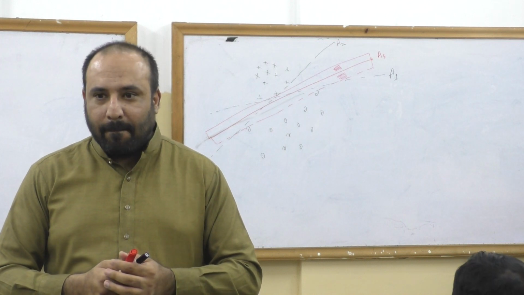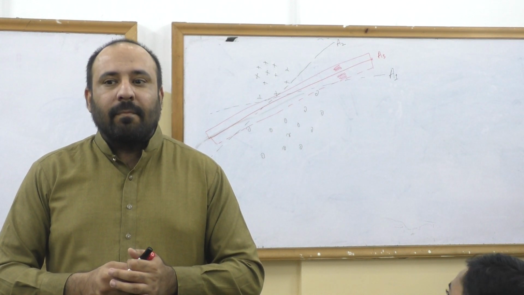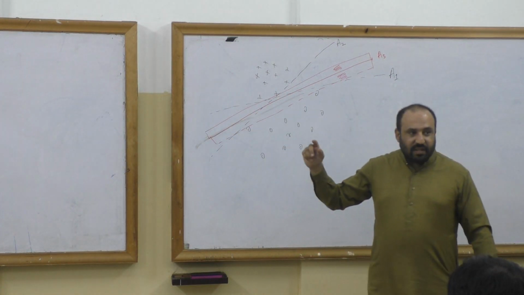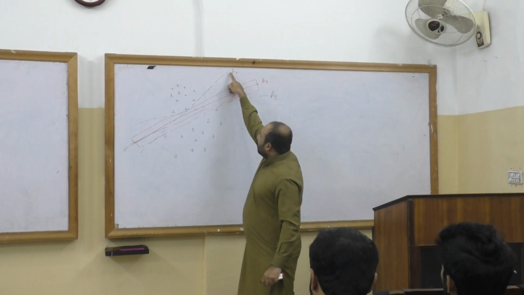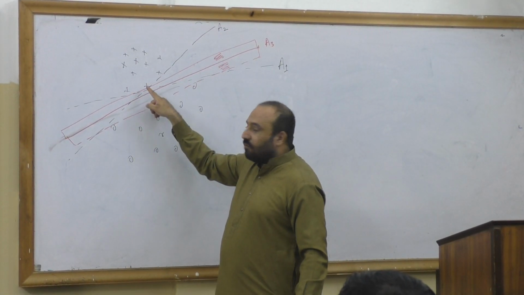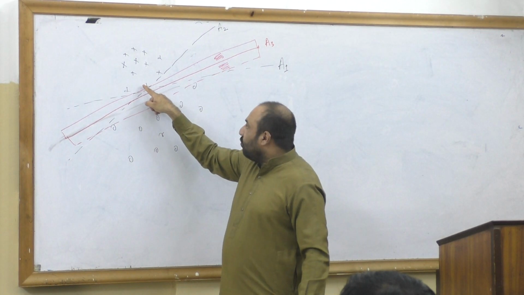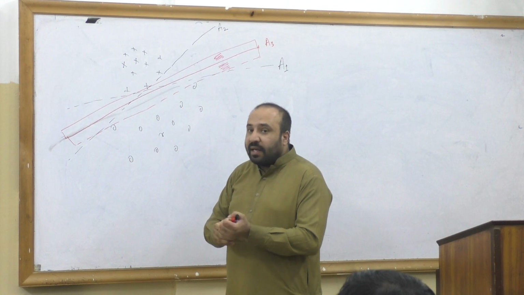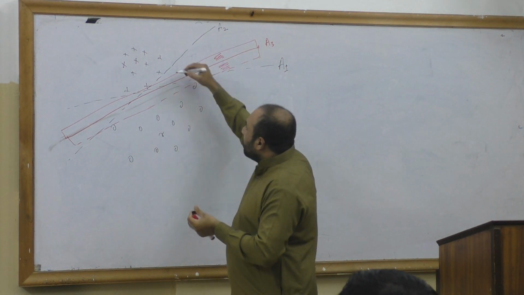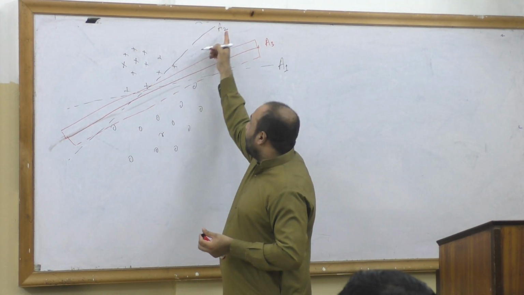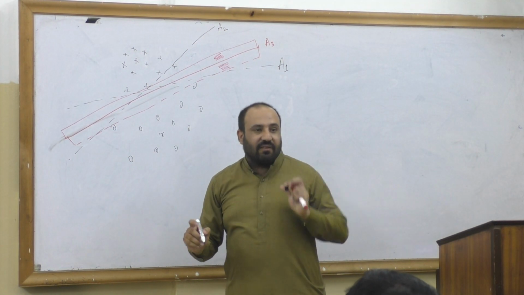If the noise is a little more or less, the classifier will stay stable. If there is more noise or more data points arrive, see, in the case of A2, you are very close to the points of class 1, and it can happen that when new points arrive, a new point just arrives here, and this classifier is so strict that it will misclassify it.